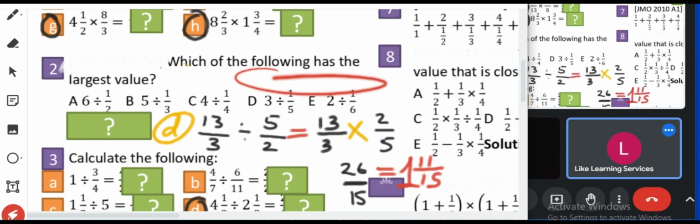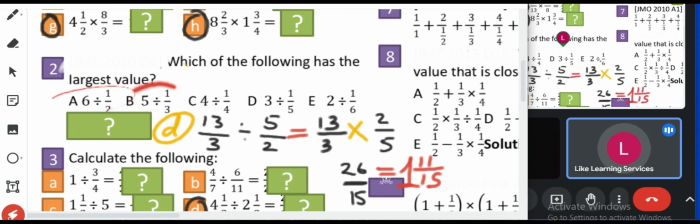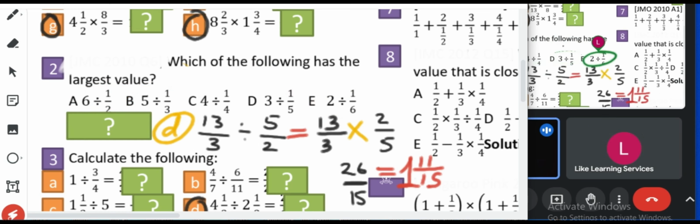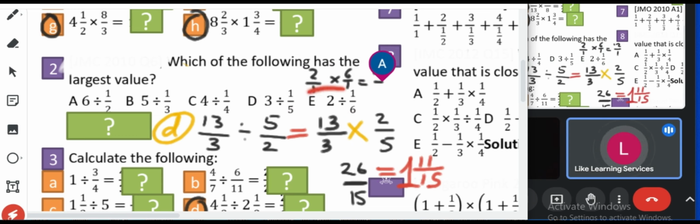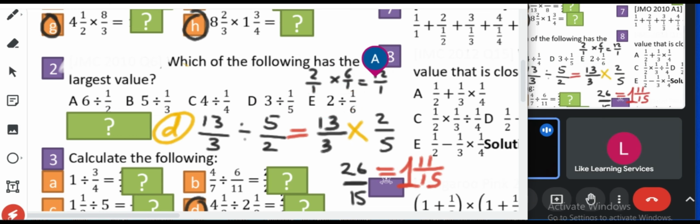In fact, you can be thinking of that in your head and then quickly get these answers. 6, 1, 8. So E is 12. 12 over 1 is 12.